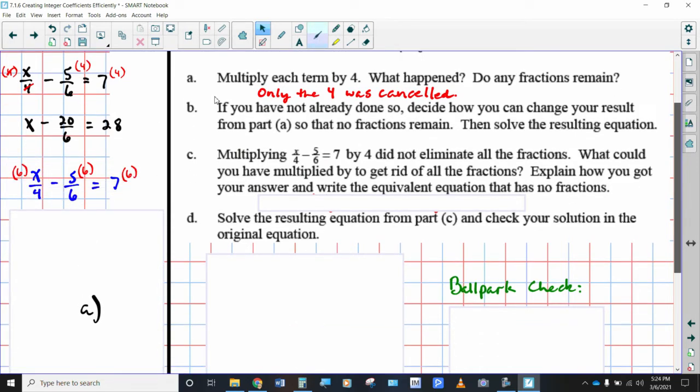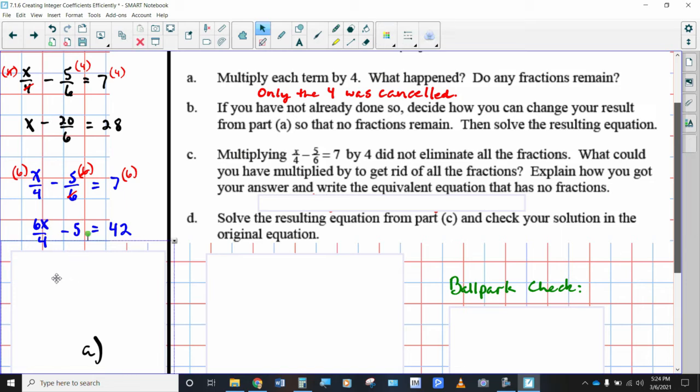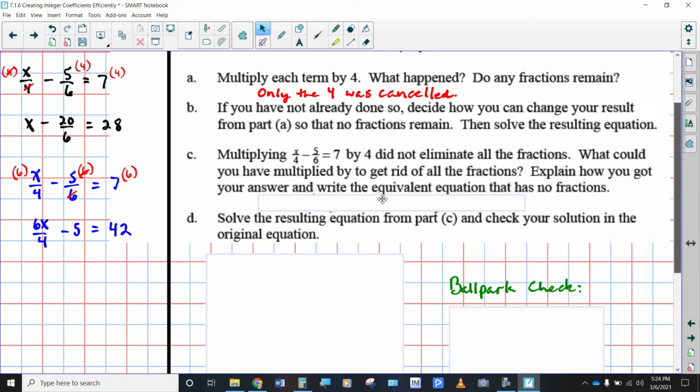Now you're going to be able to cancel out the 6 here, but still, it doesn't cancel the 4 out, so you're still left with a fraction that's attached to your variable, and it's still a complicated mess to try and solve. So we have to come up with some sort of strategy for how we can multiply every single one of these terms times the same number that will effectively cancel out both the 4 and the 6.